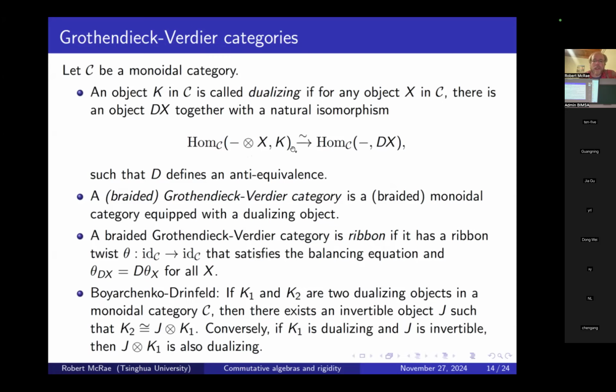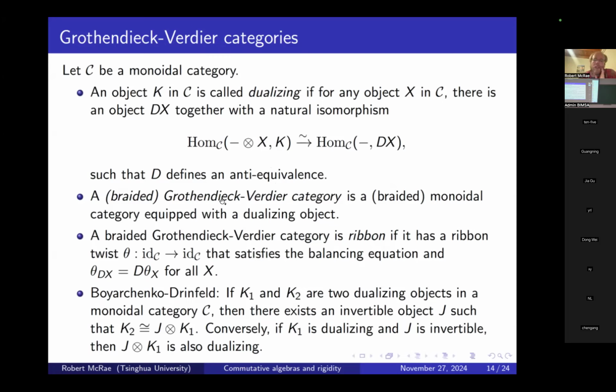And besides this natural isomorphism, we want to assume that this D here defines an anti-equivalence of the category. So this natural isomorphism tells you how D should be defined on objects, and you can easily define D on morphisms as well. It gives you a contravariant functor, and you want this contravariant functor to be an equivalence. So that's what a dualizing object is.